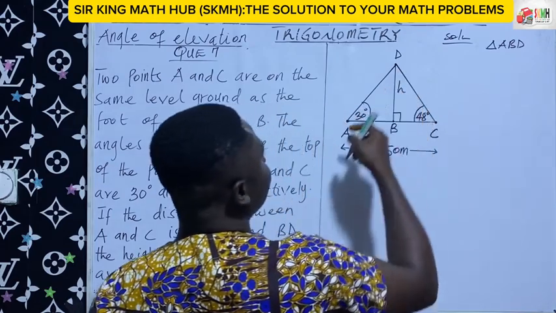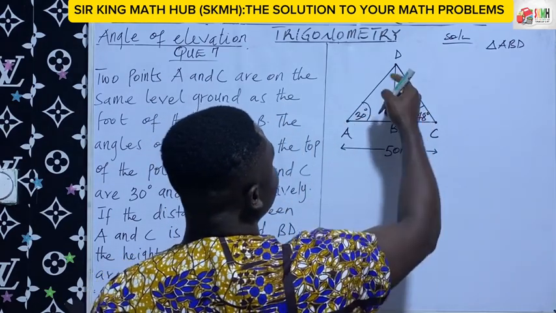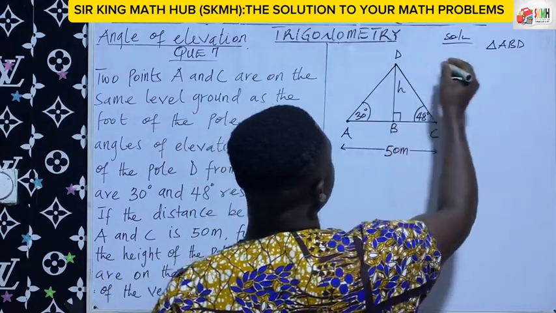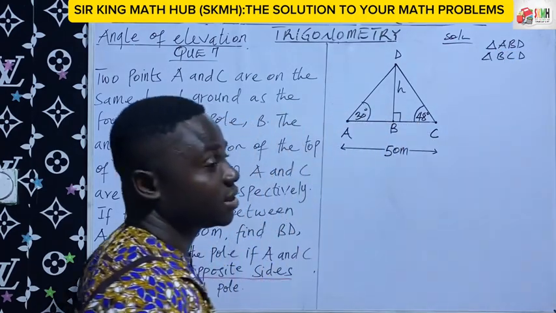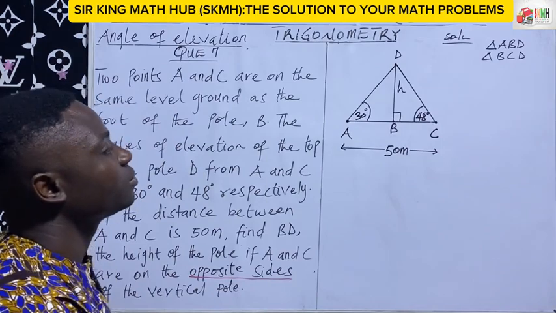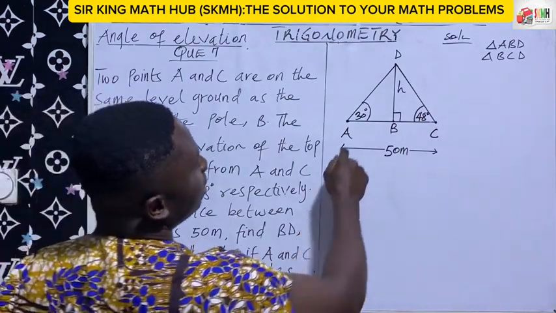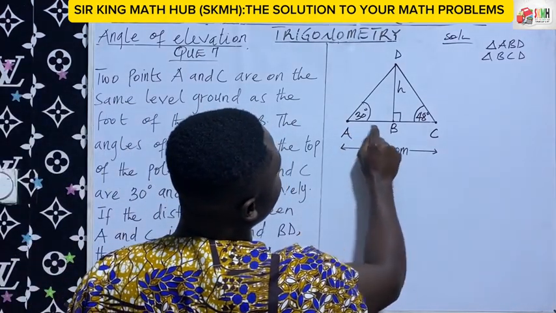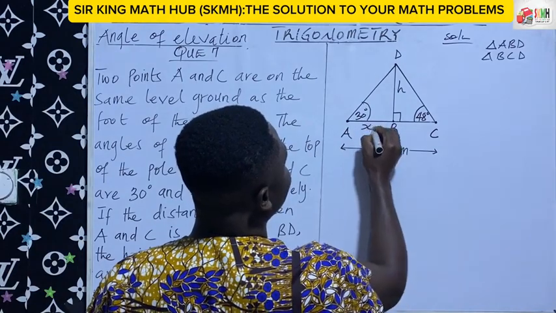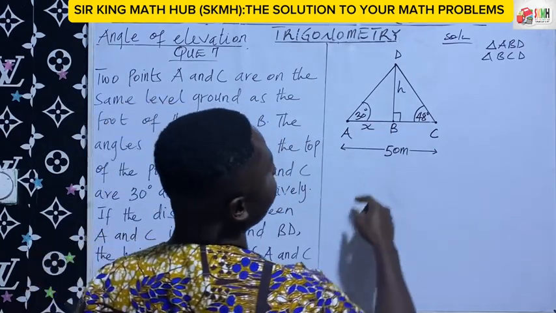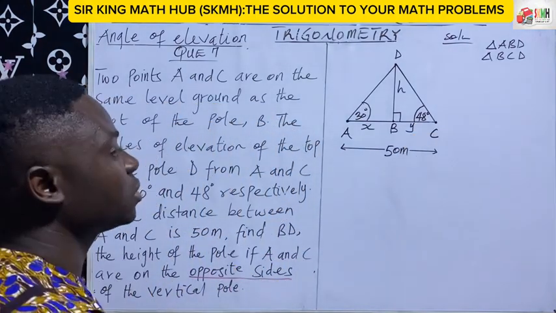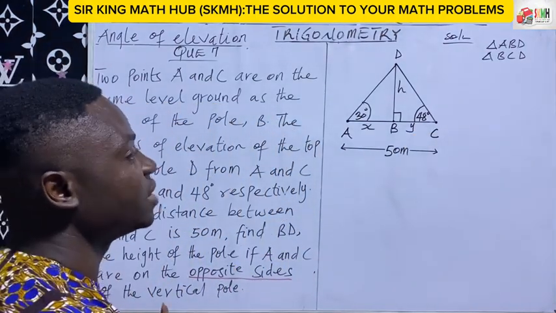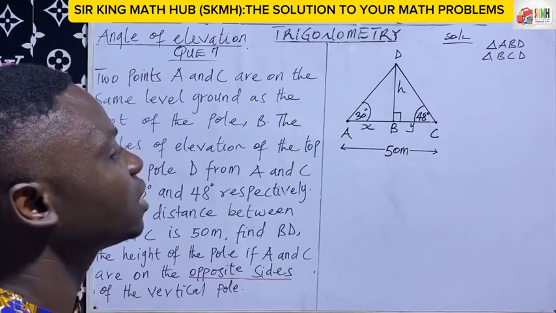And the second right angle triangle, I'm labeling it as triangle BCD. So let's take notes. Now, I am representing the distance from A to B as x and the distance from B to C as y. This will make the calculation very easier for us. So that is what I've done.